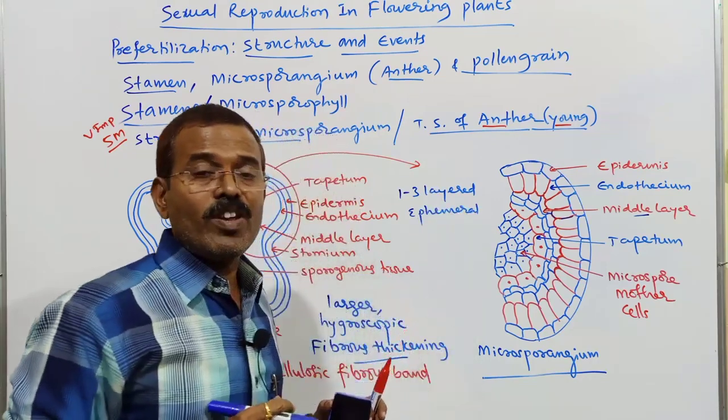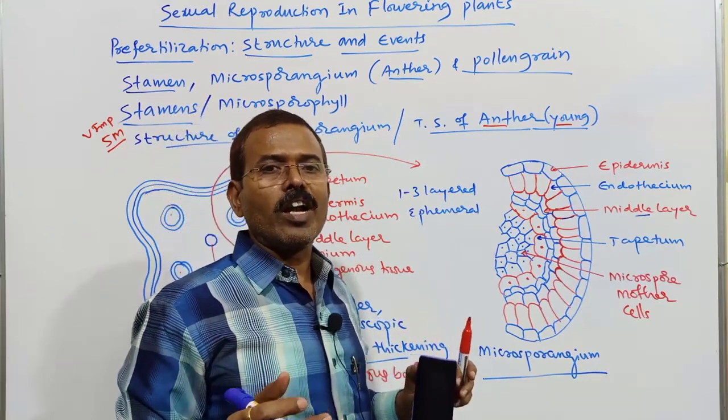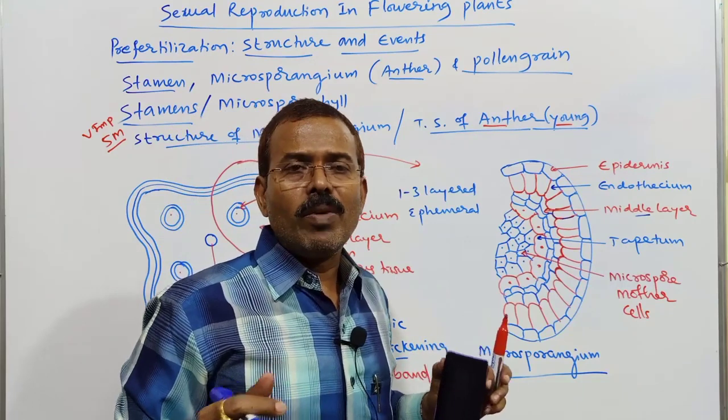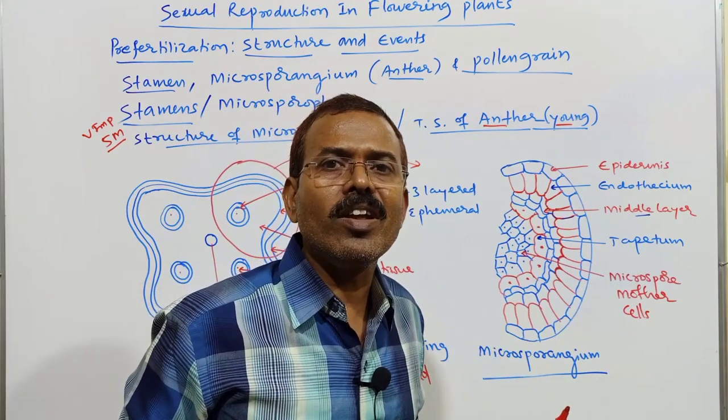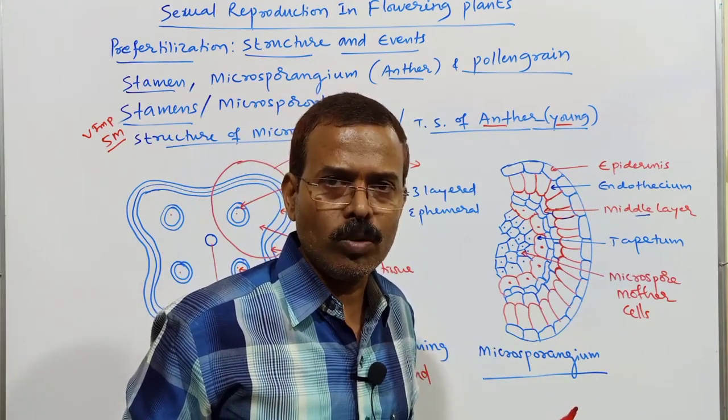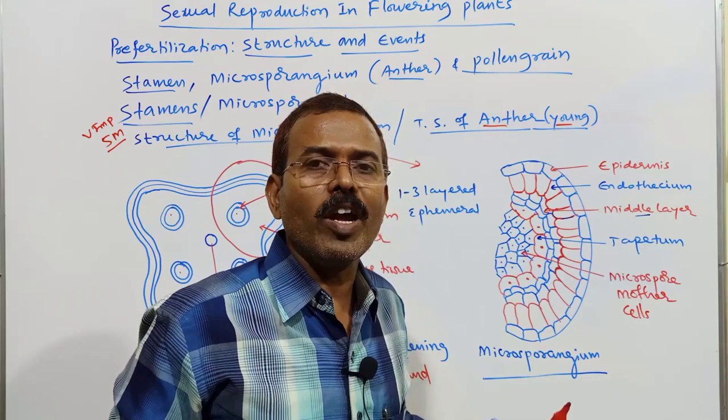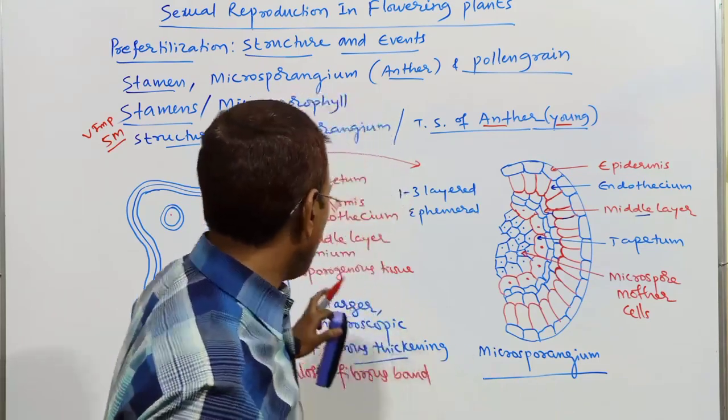It is ephemeral. Ephemeral means short-lived. These middle layer cells can disintegrate or degenerate soon and mainly help in the nourishment of the sporogenous tissue.